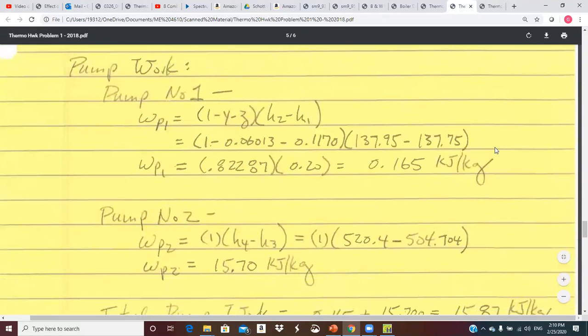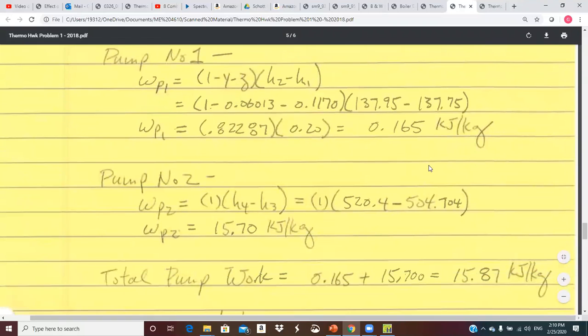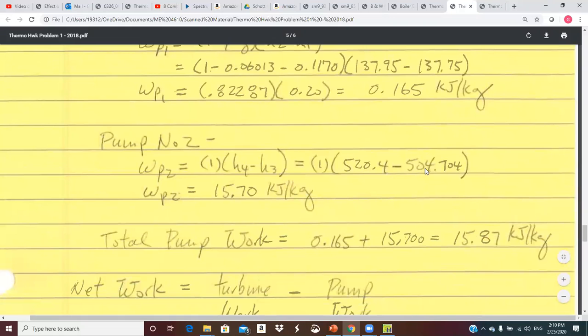There's the pump. Again, don't forget mass fractions on the pump. So this first one is just what's out of the condenser. That's 1 minus Y minus Z times that enthalpy difference. And we've already kind of done this. So when you do the arithmetic on it, you get 0.165 kilojoules per kilogram, not much on this pump, not a big pressure difference.